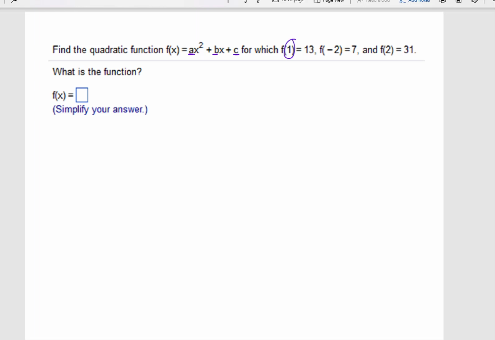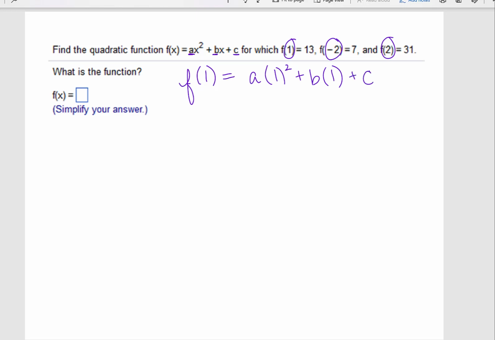Well, for now, we're going to plug in x with the information given so that we can solve for a, b, and c. So when x is 1, then it would look like this. A times 1 squared. So notice that I'm just putting a 1 every place that there was an x, right? Plus c.